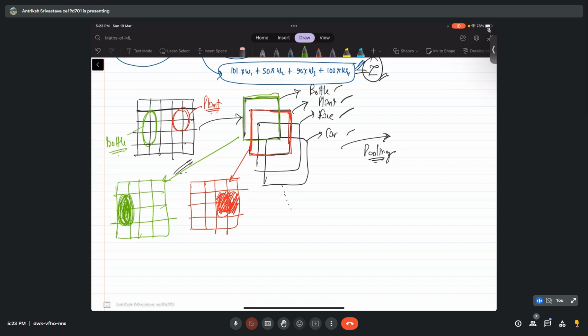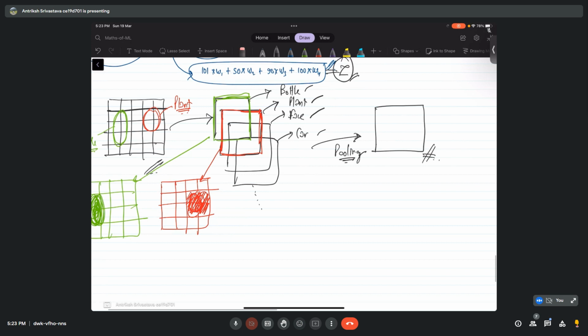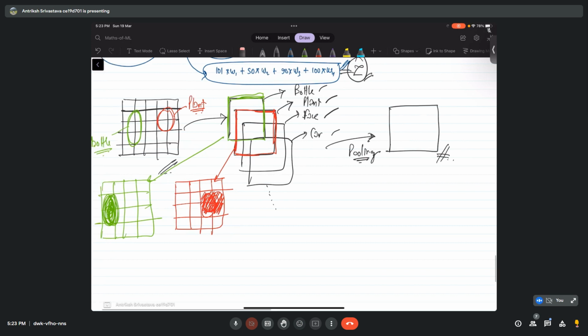And what does pooling do? Pooling tries to combine all this 3D matrix again into a 2D matrix. And how does it do that? You can have a maximum pooling. So when you do a maximum pooling, you will have again a 2D matrix, the same size, it will just be 2D instead of being 3D.